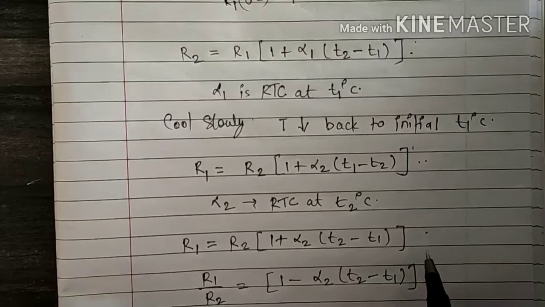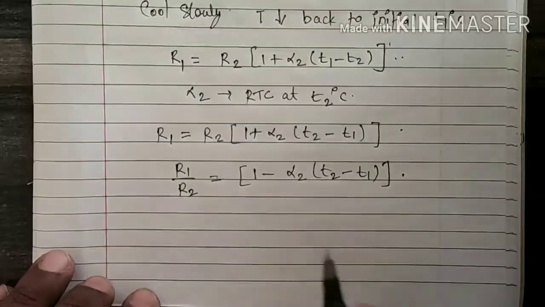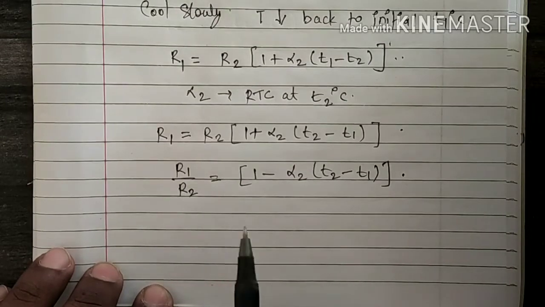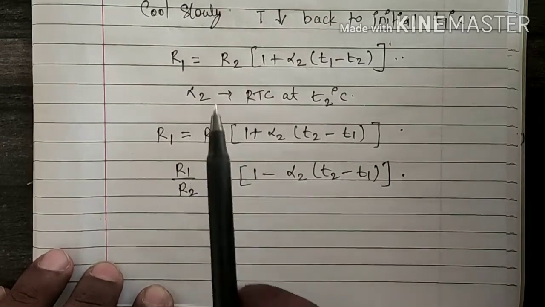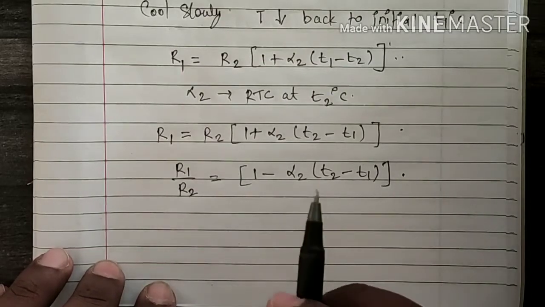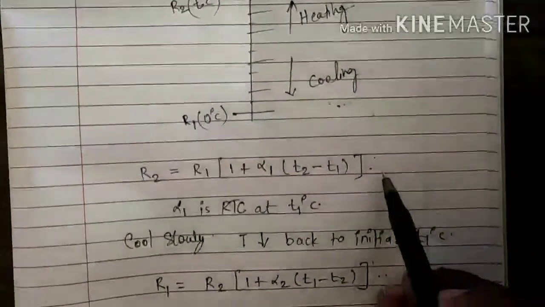If you rearrange this formula, you get it like this. Then what is the next step? You have to substitute the value of R2 from the first equation.